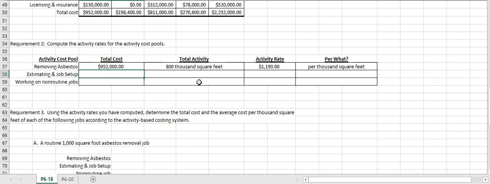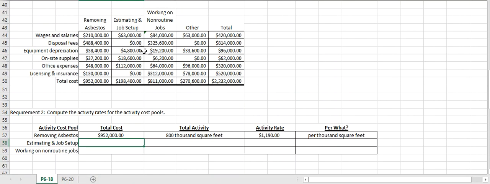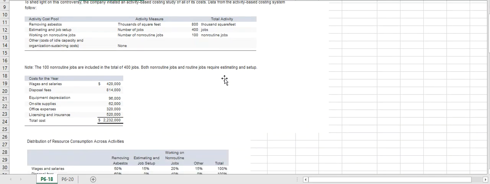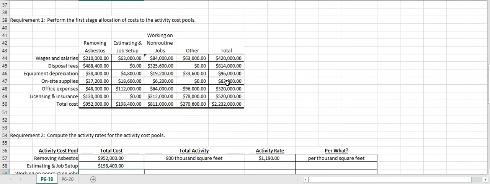All right, estimating and job setup. I'm going to go back to chart 1 again. We have a total cost of $198,400. And all the way up at the top chart, it says our total activity is 400 jobs. In other words, what are they going to charge per job?